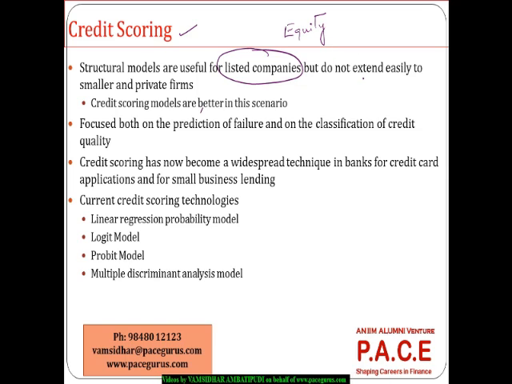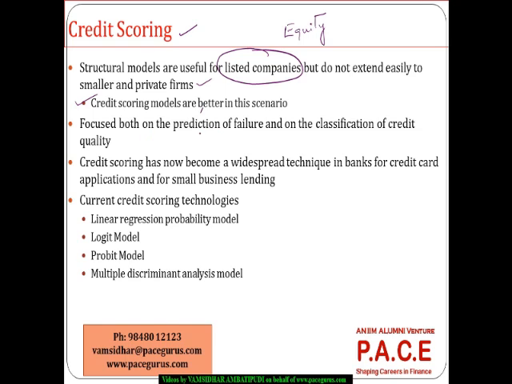But they do not extend easily to smaller and private firms. That's the limitation with the typical equity based model. So that's where we are looking at some alternatives, and credit scoring models are applicable in almost every scenario.